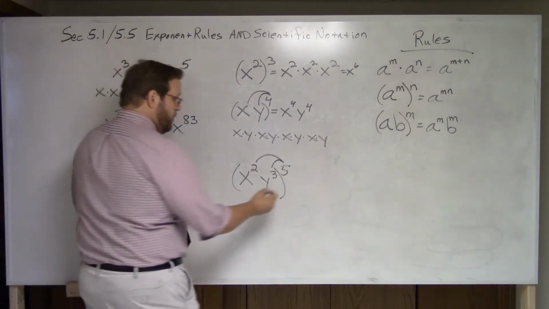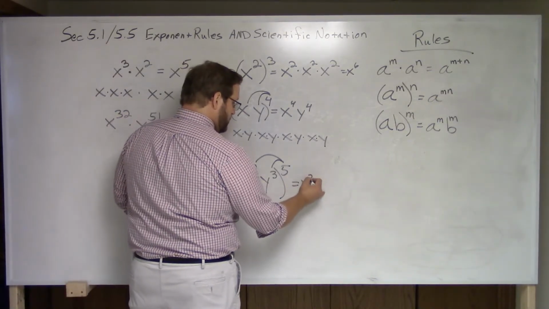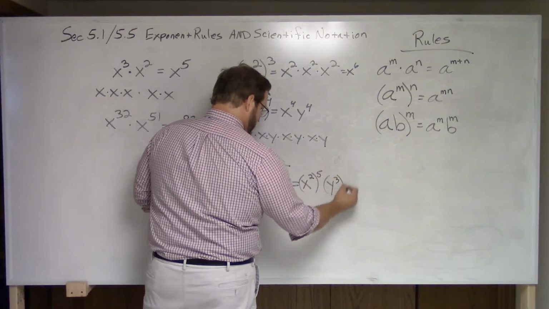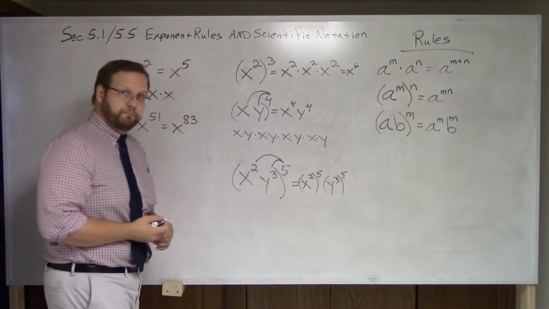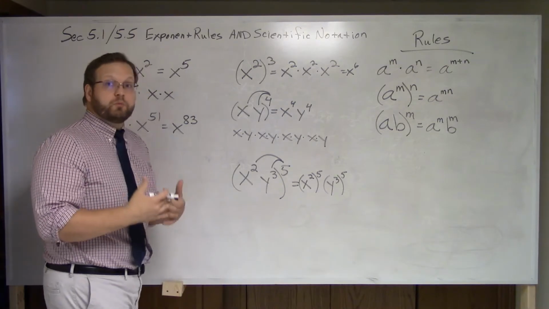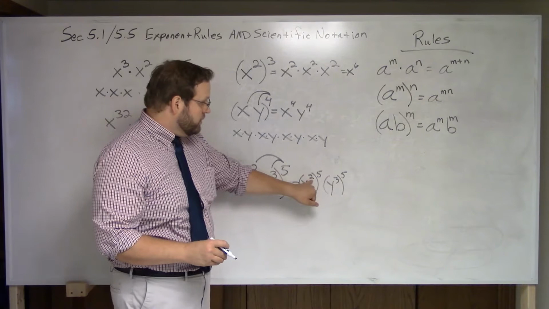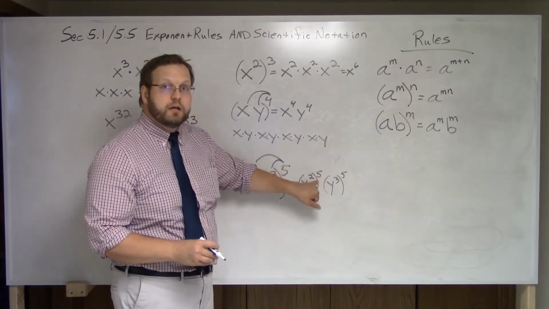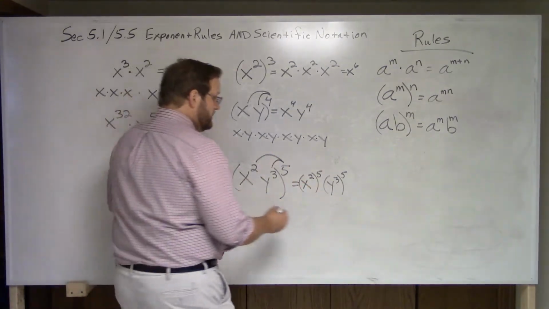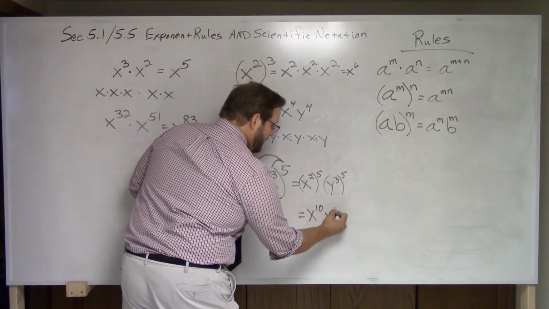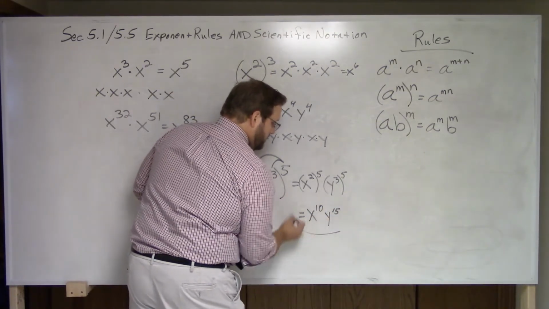Now, when we do that, we have x squared to the 5th and y cubed to the 5th. So now we have a different type of problem which requires the use of a different rule. The different rule here is when we have a power to a power like this, we multiply them. So what this turns out to be is x to the 10th, y to the 15th.